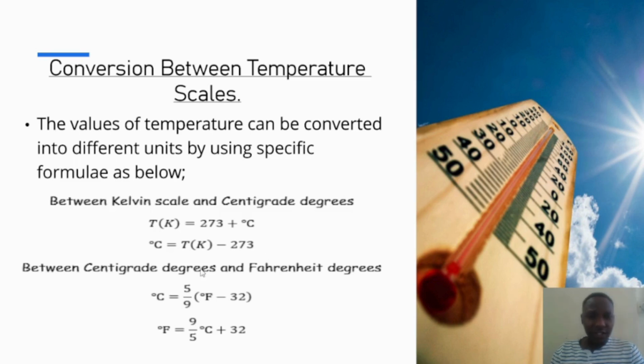Also, between Celsius degrees and Fahrenheit degrees: Celsius equals 5/9 times (Fahrenheit minus 32). So Fahrenheit equals 9/5 times Celsius plus 32. These are the main formulas you can use to convert between the various temperature scales.